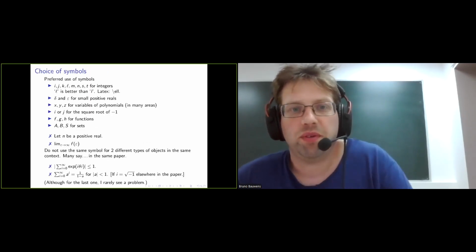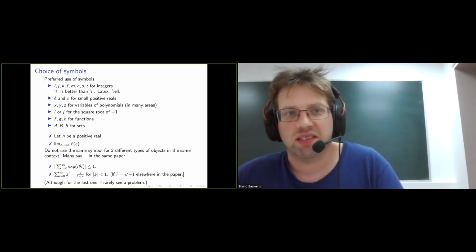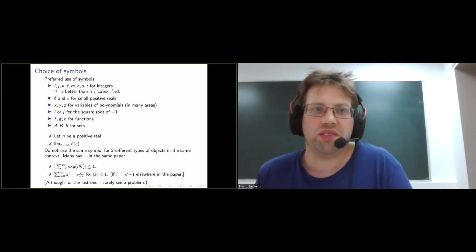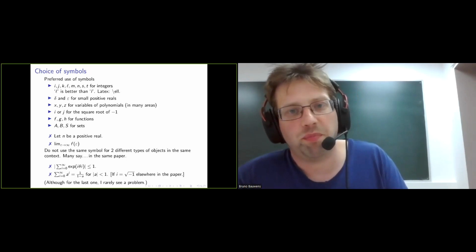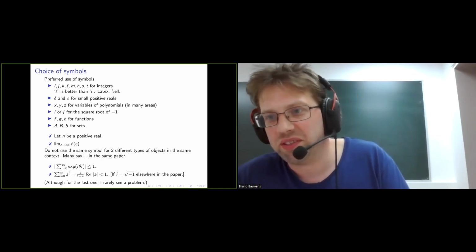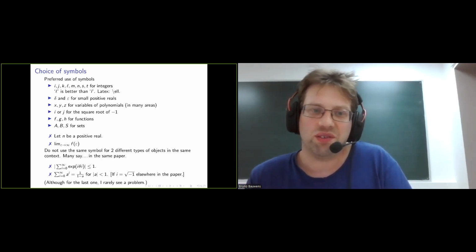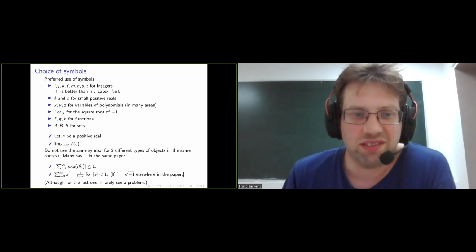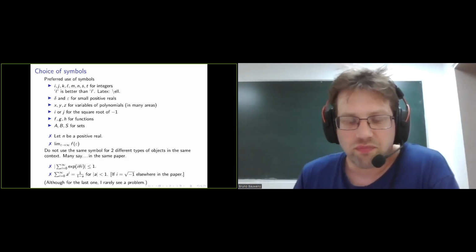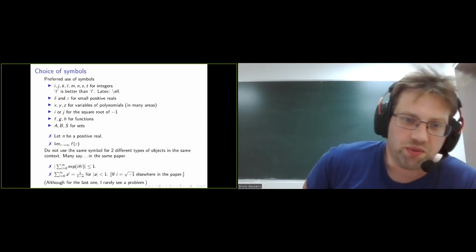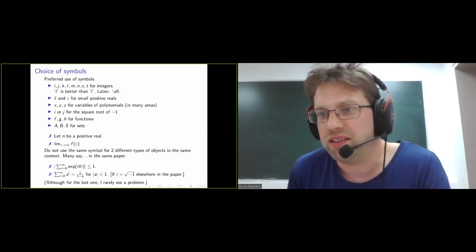Then this is, I think, obvious advice, and I don't need to discuss it. You're not going to use the letter n for some small positive real. That's terrible, if you take the limit of n going to 0 over the real numbers. People also say that if you use complex numbers somewhere in your paper, you cannot use i as a summation index.